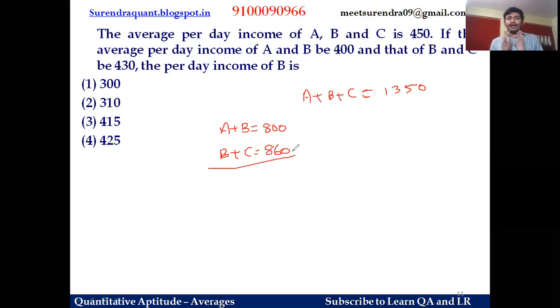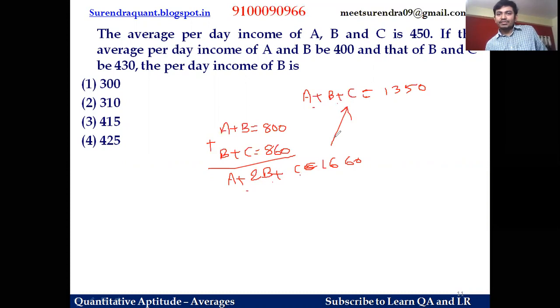So you are finding the per day income of B. So you need to eliminate A and C by using this set of data. Can you observe this? If I add these two equations, this will be A plus 2B plus C, and that is 1660. Here A plus 2B plus C is there. Here A plus B plus C is there.